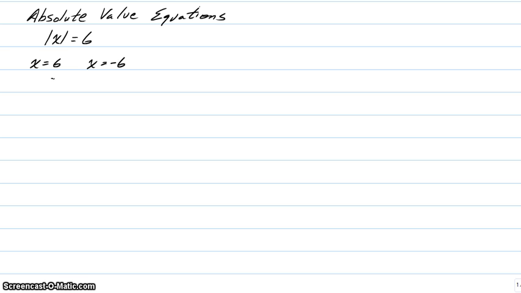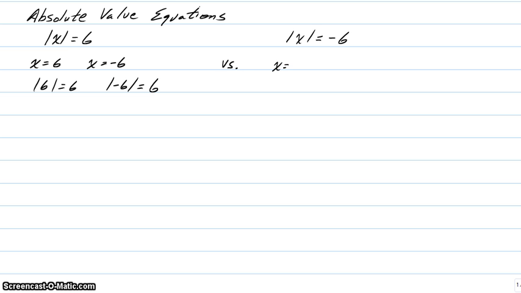And if we do a quick check on that, we can see that the absolute value of 6 equals 6, and similarly the absolute value of negative 6 equals 6. Now, on the other hand, if I had the absolute value of x equal negative 6, again using logic, I've got to find all the values of x that are going to make this statement true.